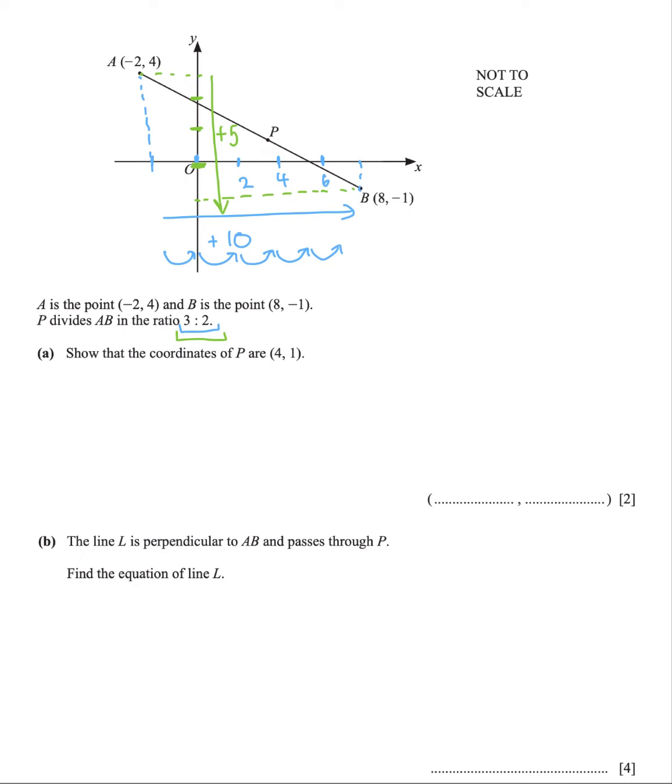And again, there's 3 parts one side and 2 parts the other side. So 3 jumps and then 2 jumps. So therefore you can see that that would also be at 1. So my coordinate for P is 4, 1.